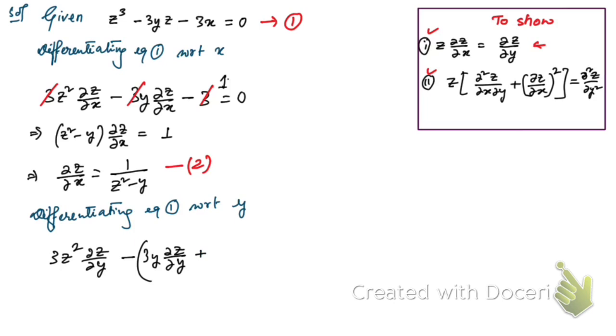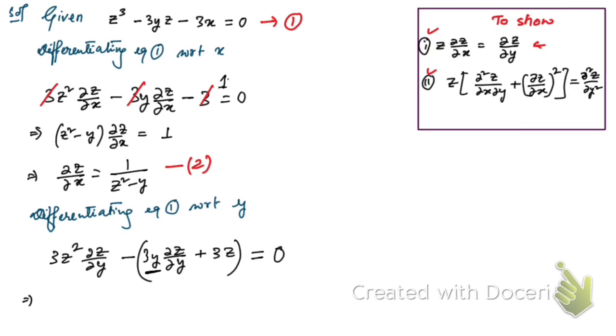The derivative of the first function, 3y, is simply 3, and then we write the second function. What was the second function? z, right? So here we have used the product rule. Then the x term, containing x only, should be taken as constant, so that's why it is 0.